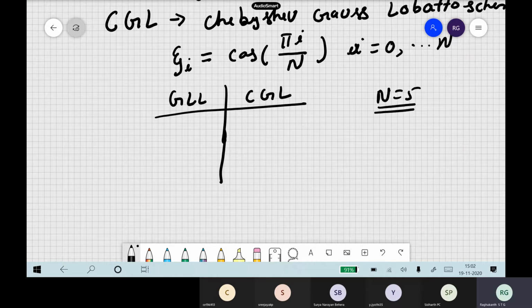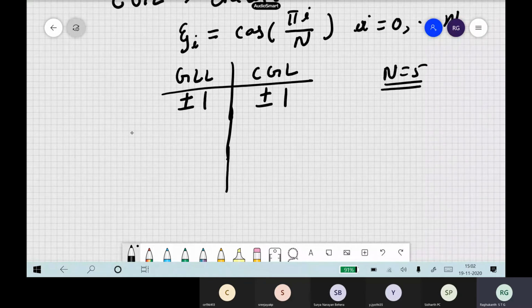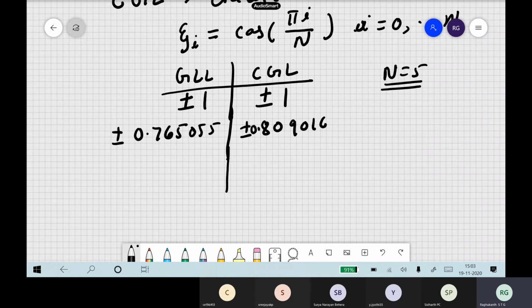For Gaussian quadrature the endpoints are included, and in CGL both endpoints, plus or minus 1, are also included. Then the other GLL points are 1 by root 5 and so on, about 0.6765, 0.2852, and for CGL plus or minus 0.809, 0.30901 and so on. These are all irrational numbers.